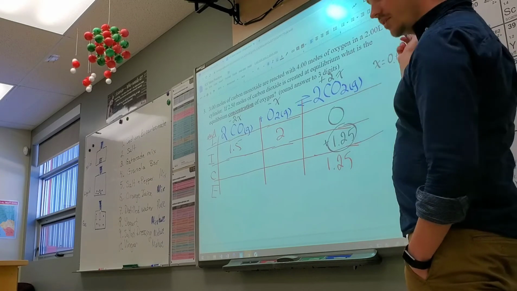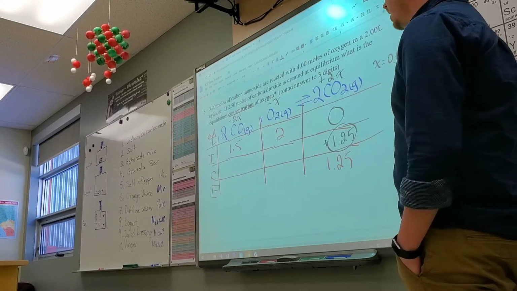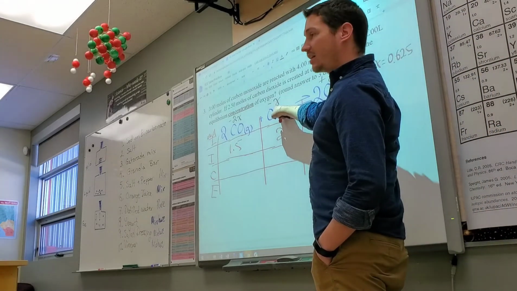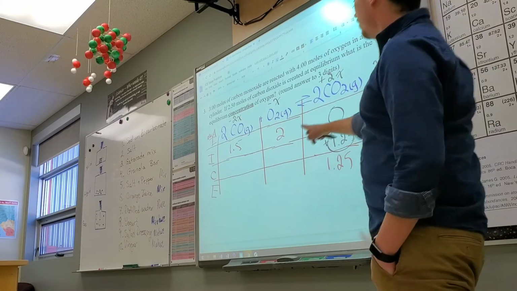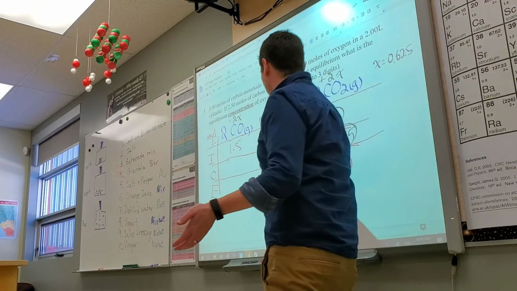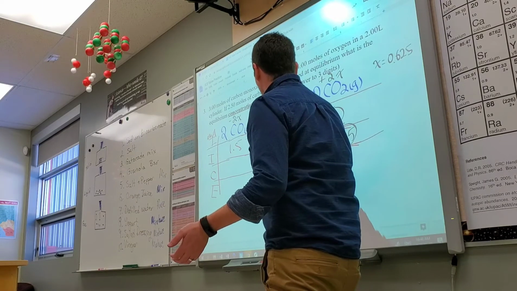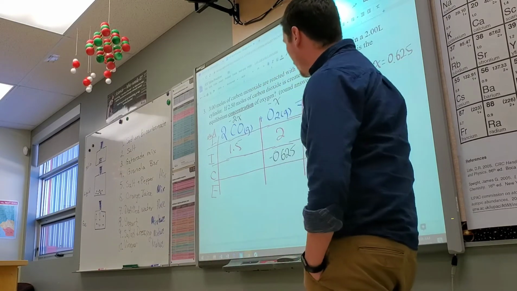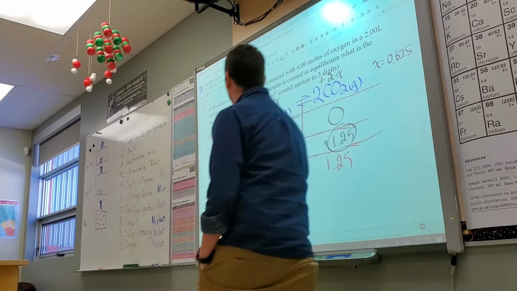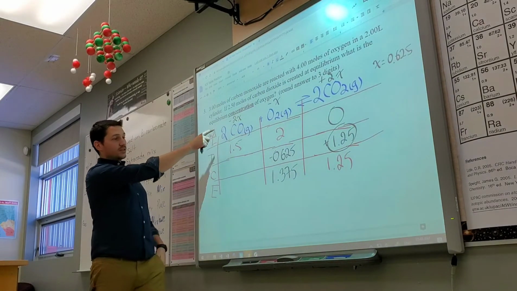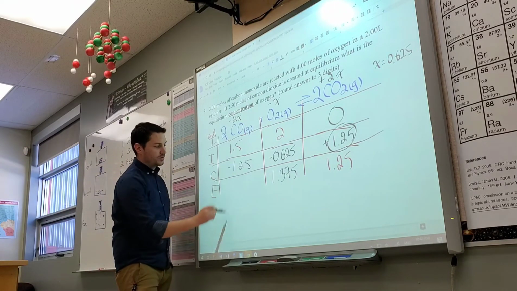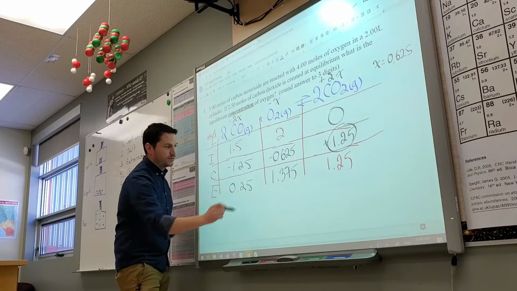If I'm losing 1x, how much am I losing here? 0.625, right? So 2 minus 0.625 is 1.375. And then if I'm losing 2 x's, well, we know 2 x's is 1.25, so 0.25.